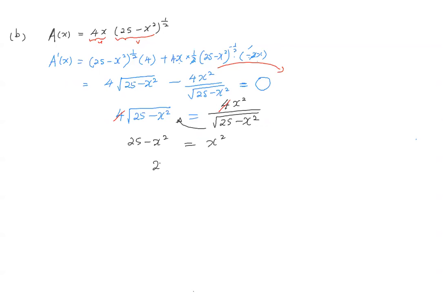So I have 2x squared equal to 25. So my x squared will be equal to 25 over 2. So therefore, my x must be greater than or equal to 0. So therefore, your x is equal to square root of 25 over 2. So square root of 25 is 5 over square root 2. So your x is 5 square root 2 over 2. Okay.